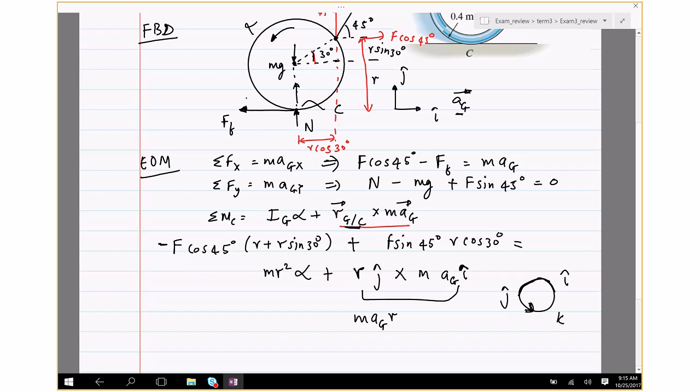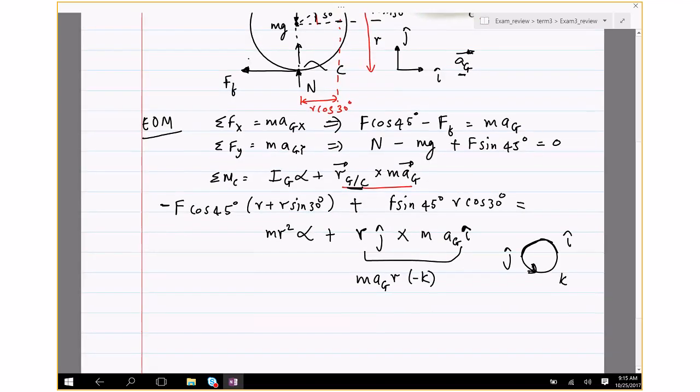So that's going to be minus K. So what I really care about in this case is it's m r square alpha minus m aG r.